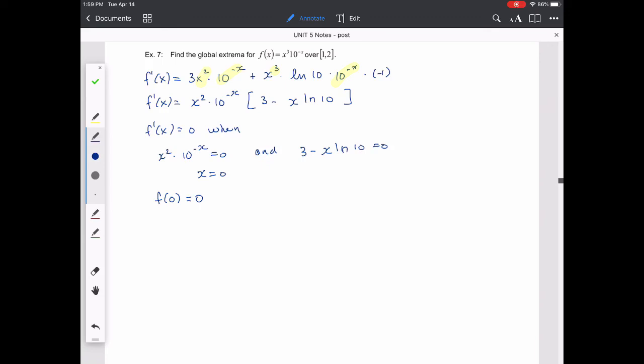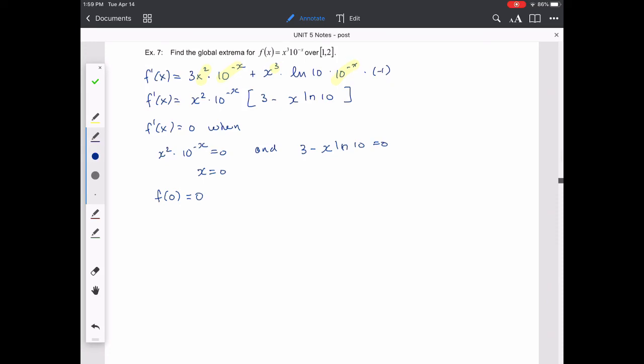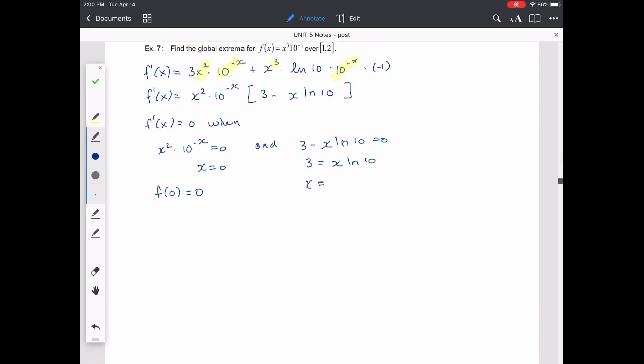In the second one, I've got to solve for x, so 3 is equal to x ln of 10, or x is equal to 3 over ln of 10. And for you decimal lovers, it's approximately equal to 1.303.